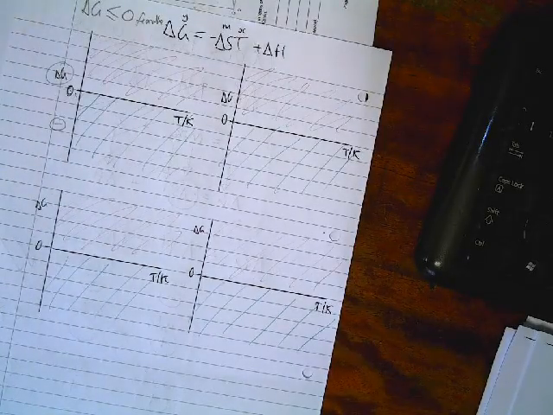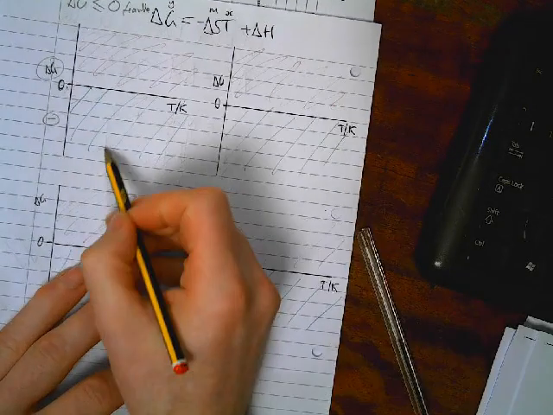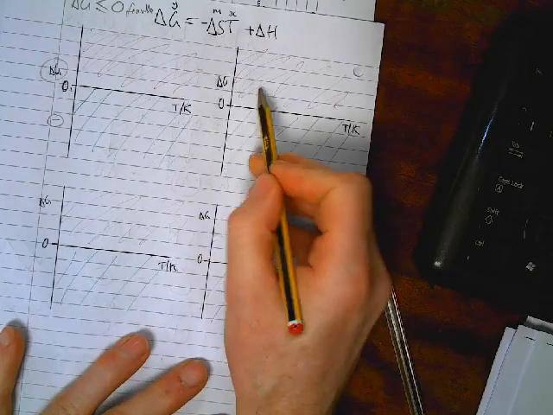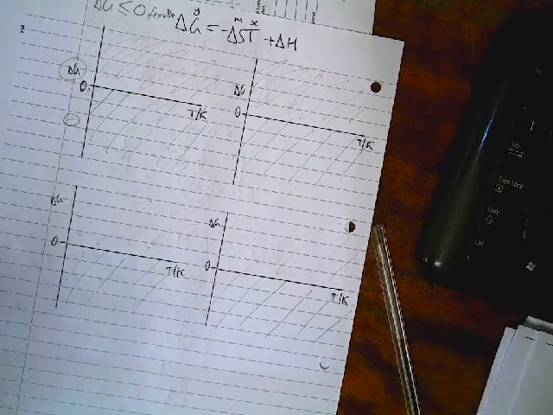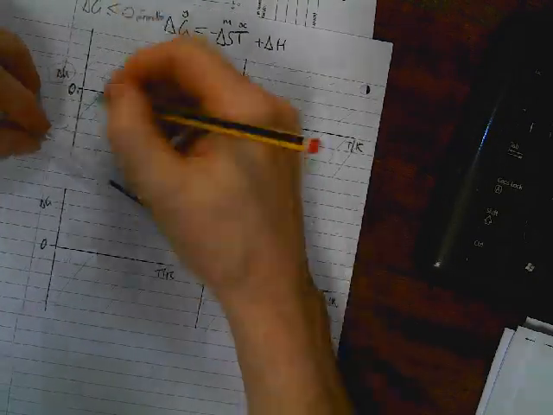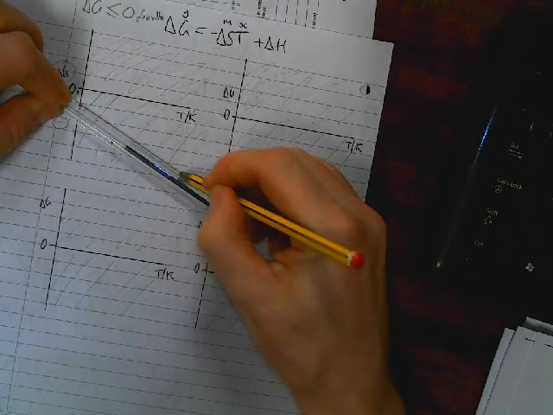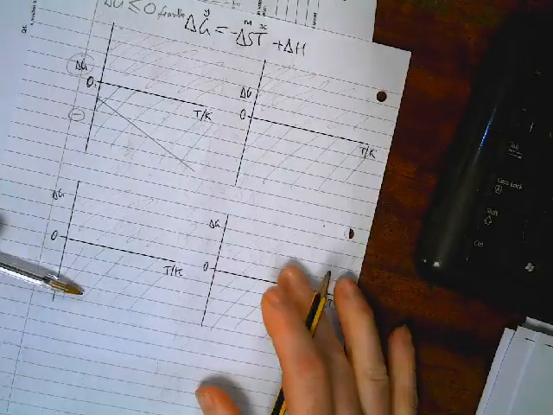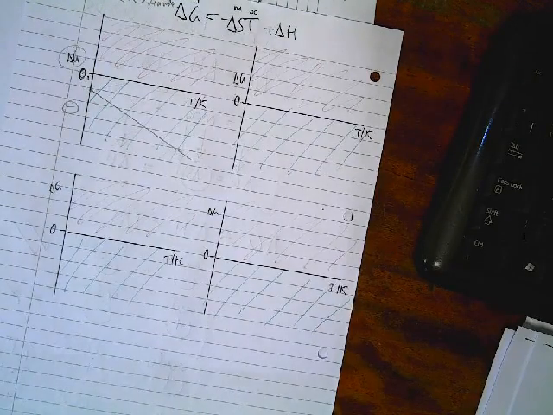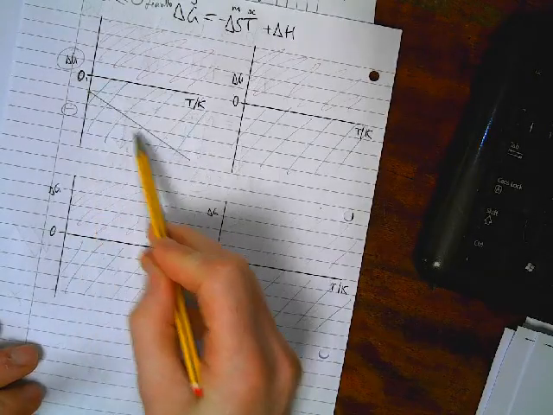Right, okay, so the bottom part of this graph is where it becomes feasible, and if delta G goes above 0, it's going to be unfeasible. So the first situation I'm going to do is draw this line graph on here. I'm going to start at a value that is below 0, and draw a line that goes like that. This is the first type of graph to discuss, one that starts below 0 and goes more negative.